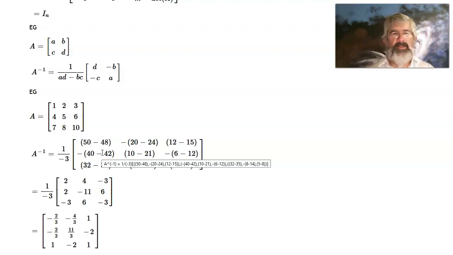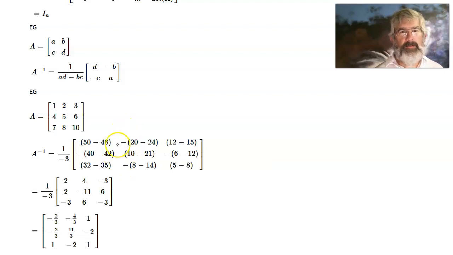However, what this does is it gives us a very precise formula for each entry in the inverse matrix without relying on row operations. I know that the entry in the second row, second column is going to be the cofactor 2, 2 divided by the determinant.